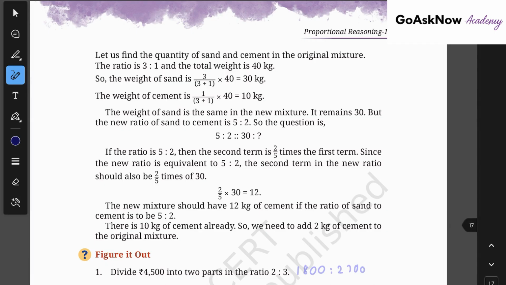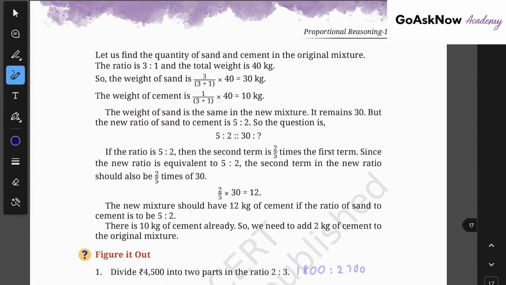Let us find the quantity of sand and cement in the original mixture. The ratio is 3:1 and the total weight is 40 kilograms. The weight of the sand is 3 over 3 plus 1 times 40, that's 30. The weight of cement is 1 over 3 plus 1 times 40, that is 10.